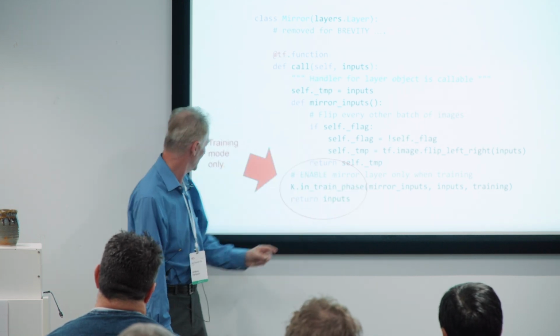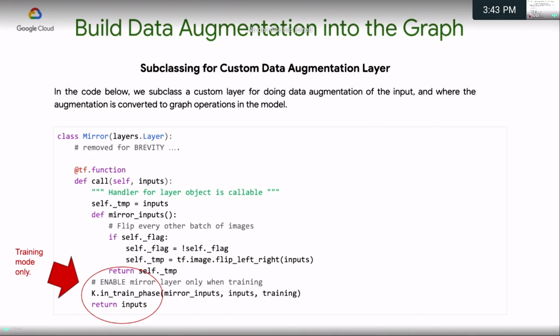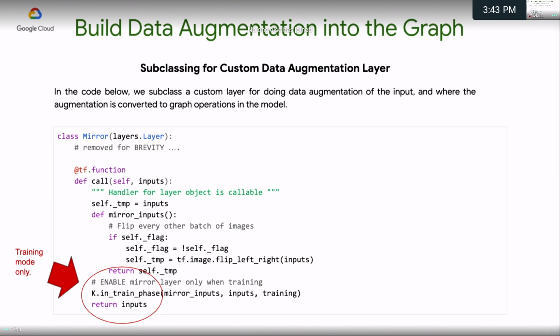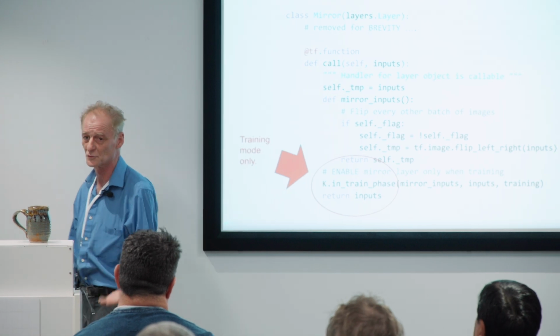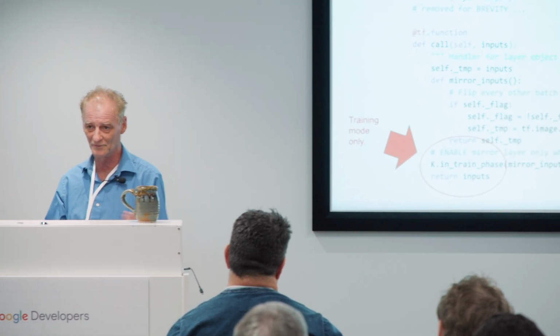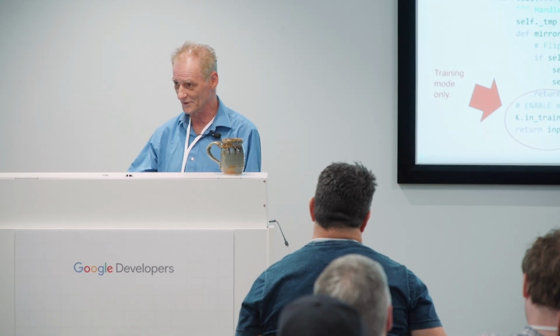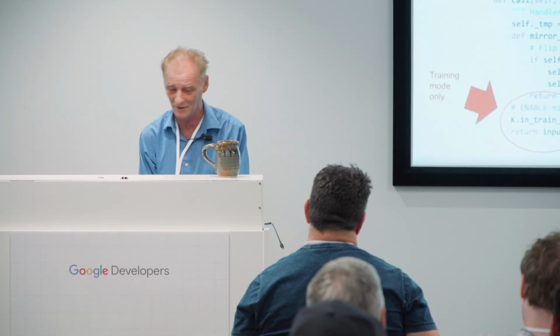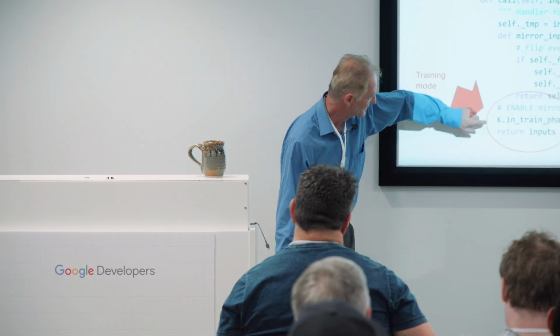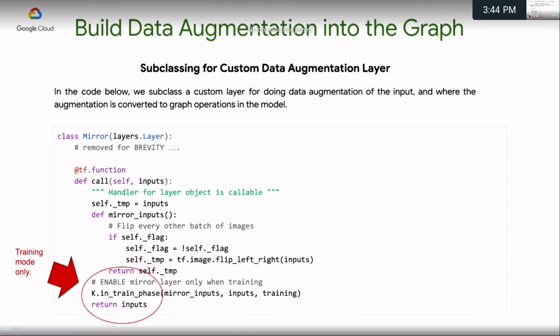What will happen is that during training, this code gets executed and the data augmentation will occur. But in evaluation or prediction phase, this becomes disabled and this layer is effectively not there. It's actually the same way that dropout is implemented. If you put dropout in your model, it occurs during training, but it somehow magically goes away. If you read the source code, you'll see this exact same line in the source code for dropout.